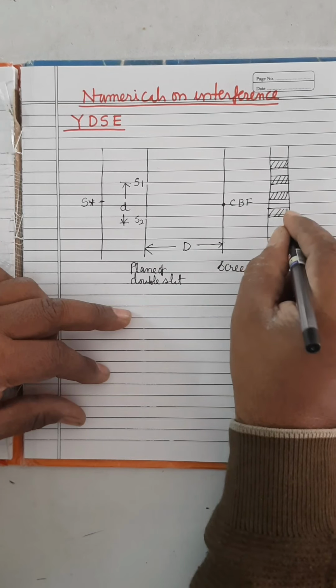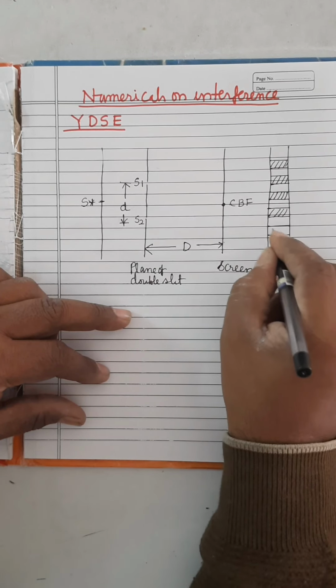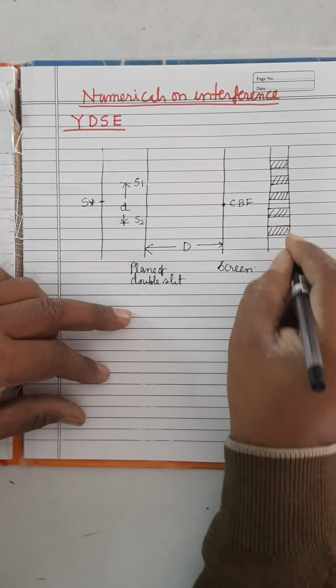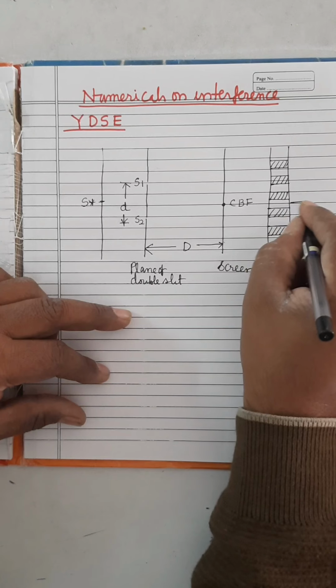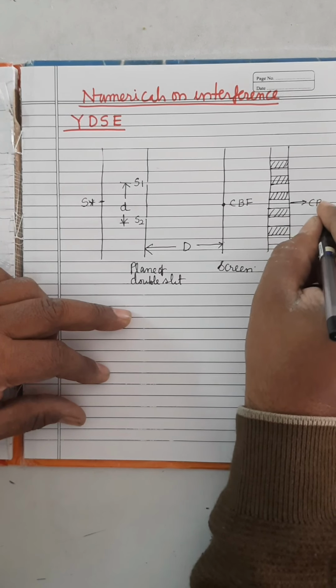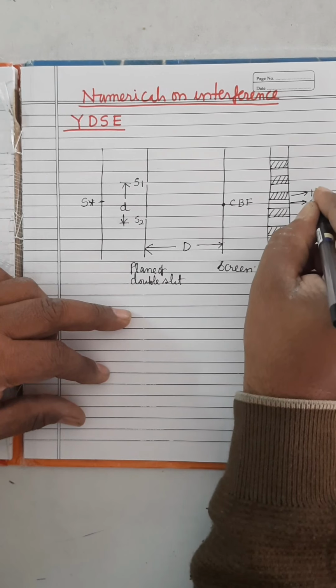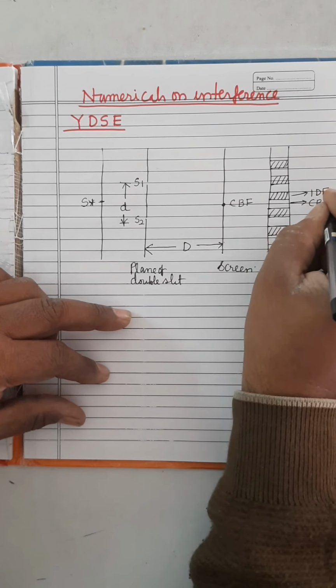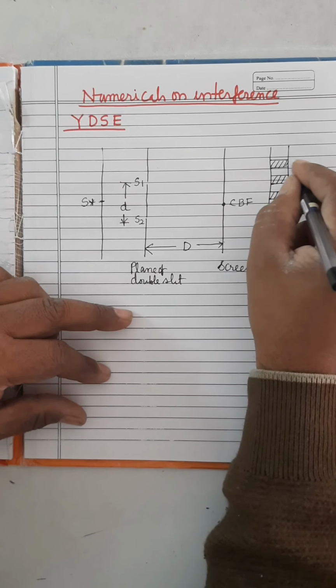This is a dark fringe, bright fringe. Here also this is a dark fringe. This is a bright fringe. It is clear. So this is the central bright fringe. Then this is the first order dark fringe, first DF. This is the second DF. This is the third DF.